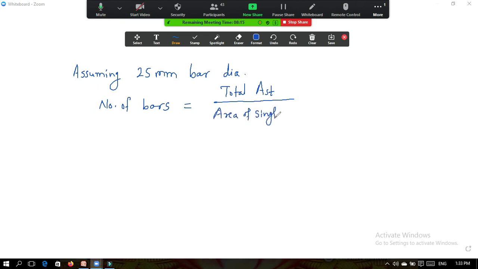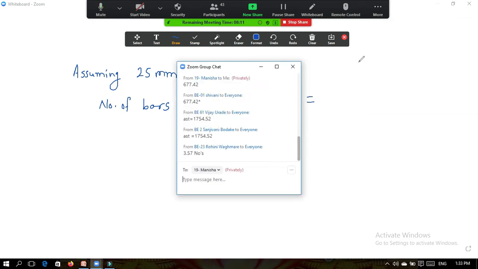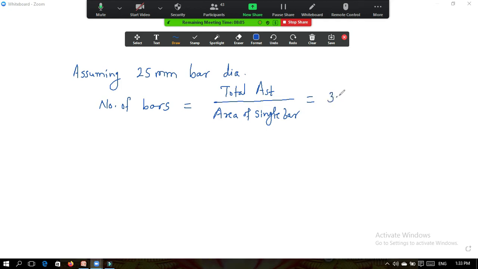So you put all the values and let me know the answer. So 3.57. If you round up, it is 4. Correct.